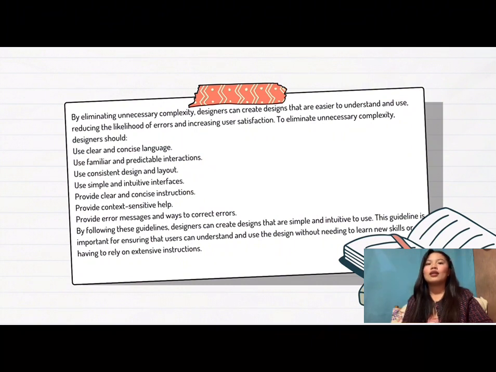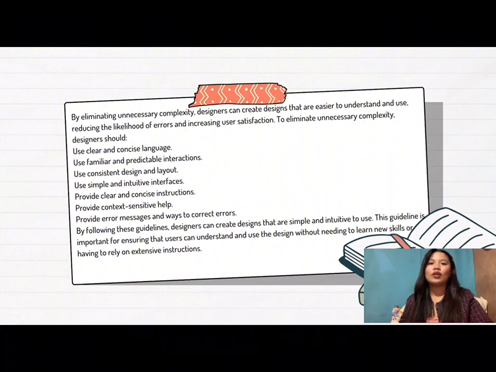By eliminating unnecessary complexity, designers can create designs that are easier to understand and use, reducing the likelihood of errors and increasing user satisfaction. To eliminate unnecessary complexity, designers should use clear and concise language, use familiar and predictable interactions, use consistent design and layout, use simple and intuitive interfaces, provide clear and concise instructions, provide context-sensitive help, and provide error messages and ways to correct errors.